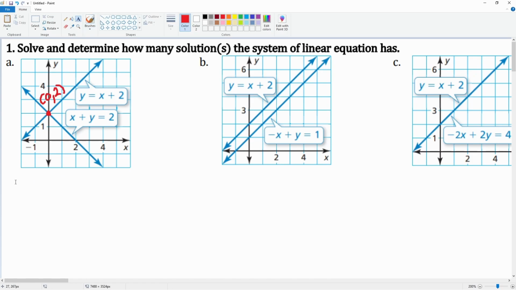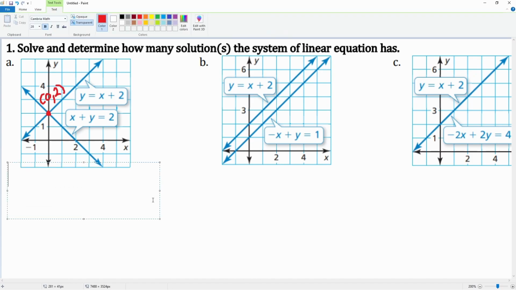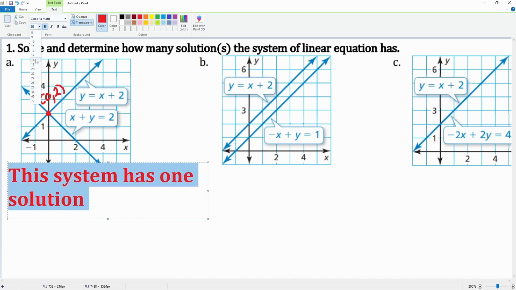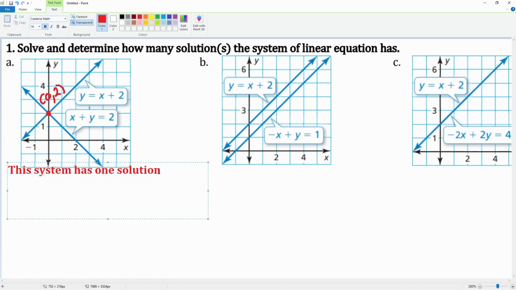So therefore, we can say that this system has one solution, and the reason why it has one solution is because it has one intersection.